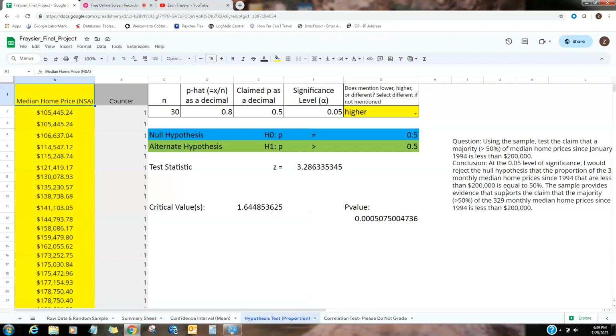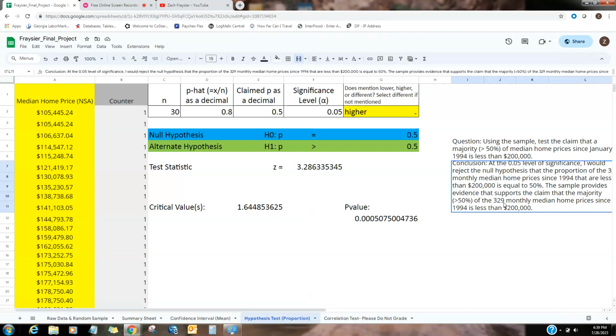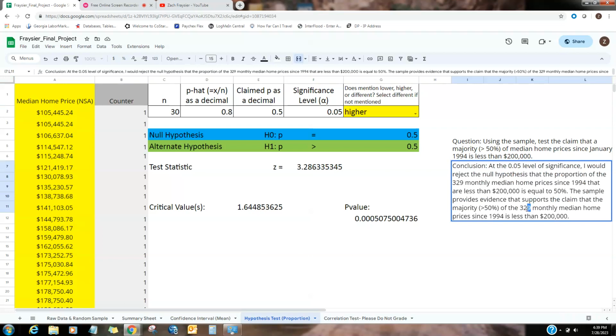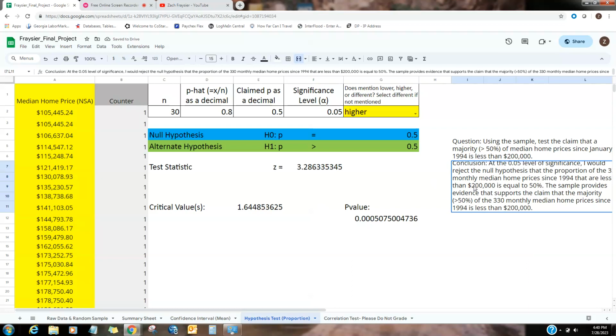The sample provides evidence that supports a claim that the majority, over 50%, of the 330 monthly median home prices since 1994 is less than 200,000. I think I put a 0 first there, so we're going to change this to 330, because it starts in January.